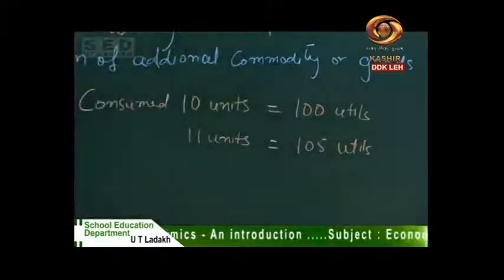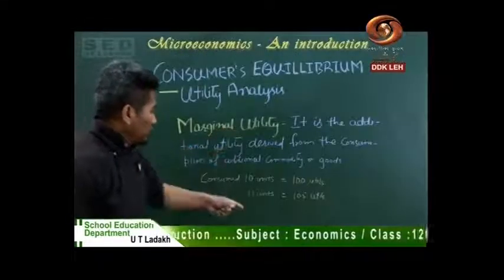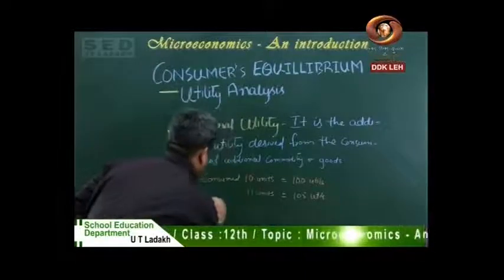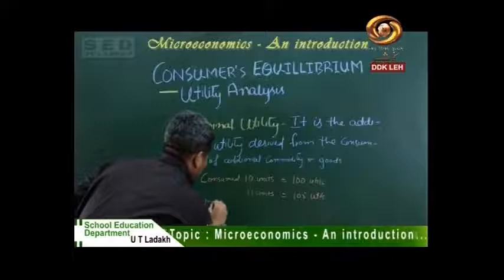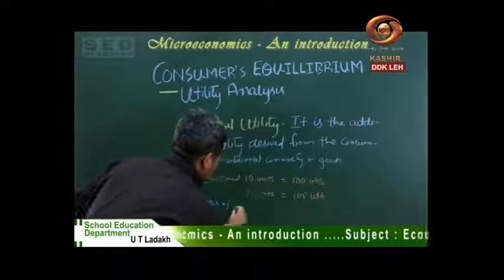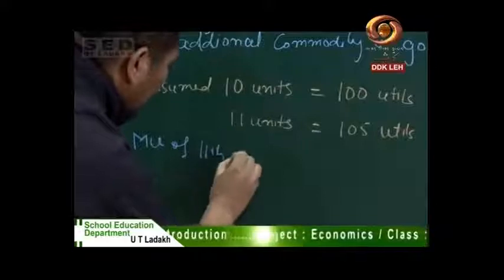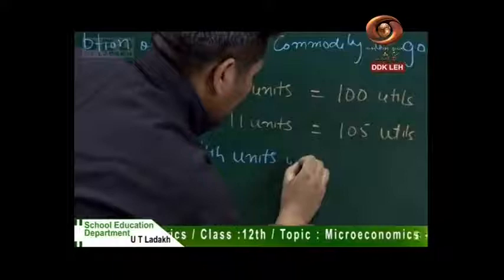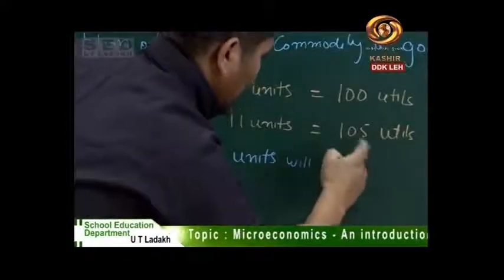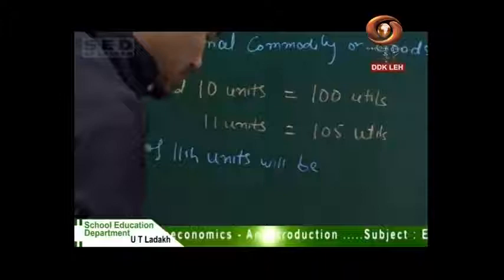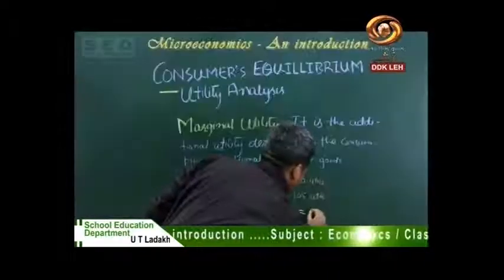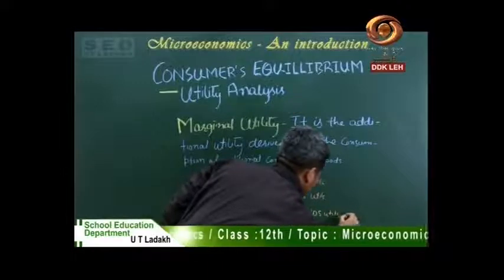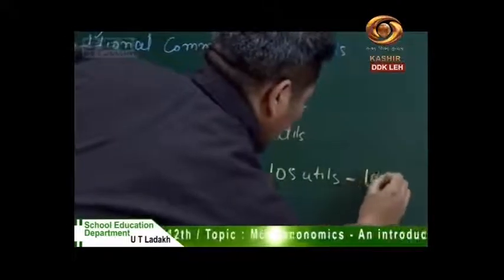Now the marginal utility of the 11th unit will be equal to 105 utils minus 100 utils.